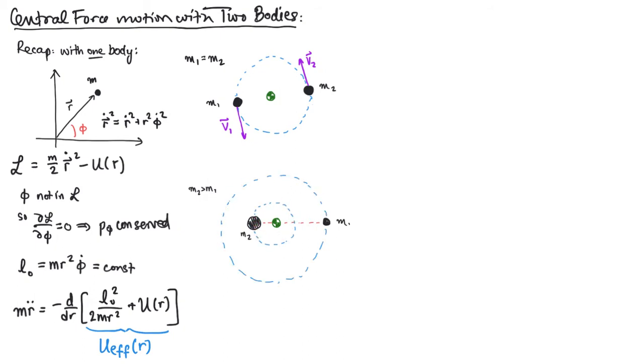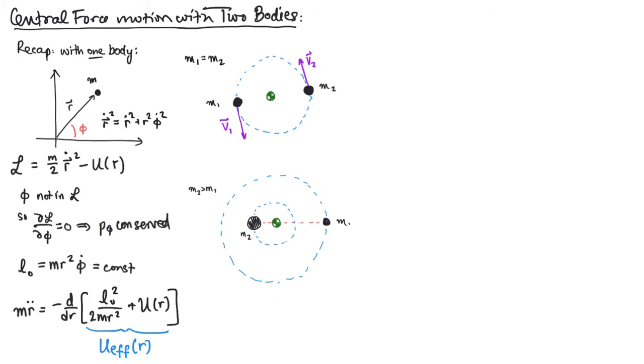And if the center of mass is at rest, in other words, if we work in the center of mass frame of reference in which the center of mass doesn't move, then these two objects will move in such a way that they are always on opposite sides of the center of mass from each other.